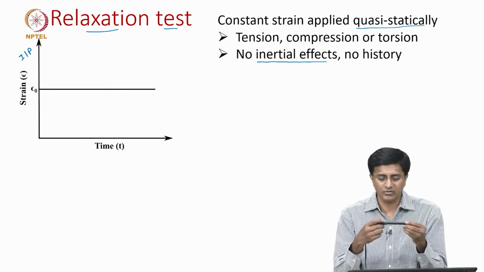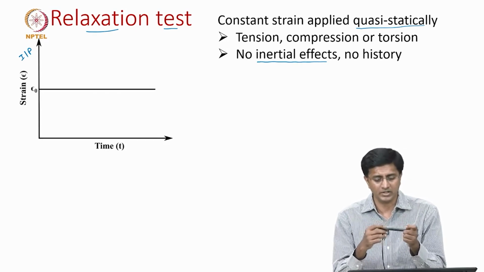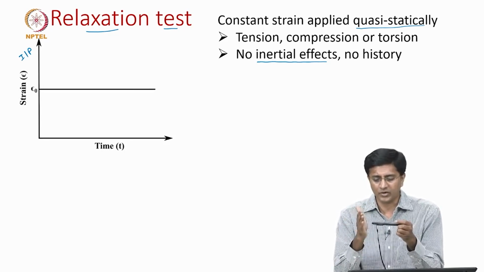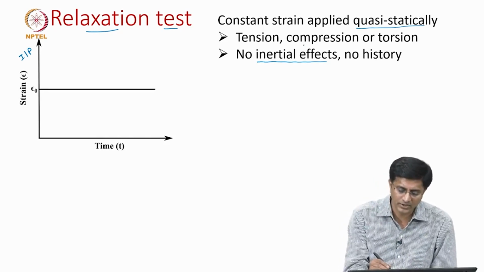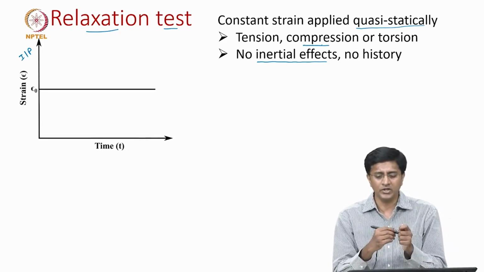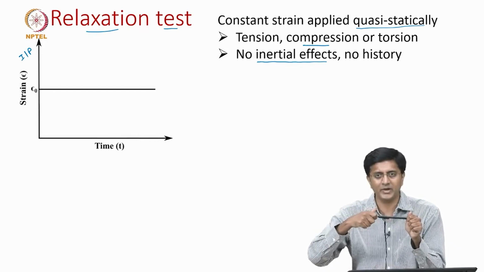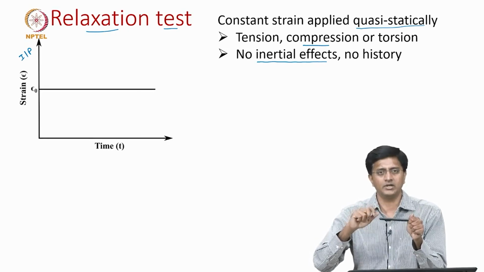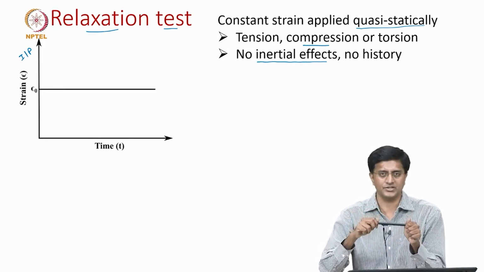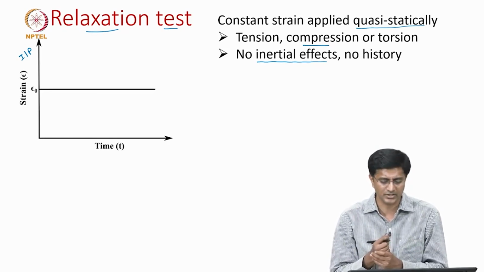The example which I am explaining is a tension test, but of course, on the same sample, instead of stretching I could have compressed by an amount and held it there. Then we say that it is a uniaxial compression. Similarly, I can hold one end and twist the other end by an angle and then hold it. Once you hold, you measure the resultant stresses. So, these are all relaxation tests, either tension relaxation, compression relaxation or torsion relaxation.